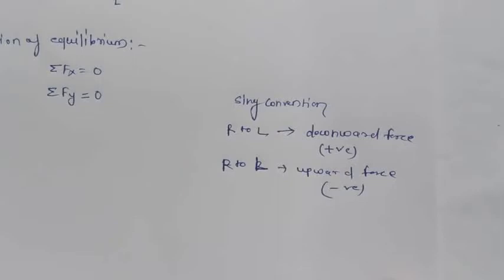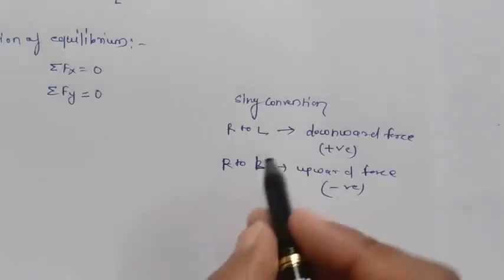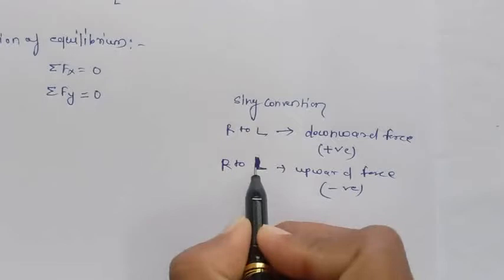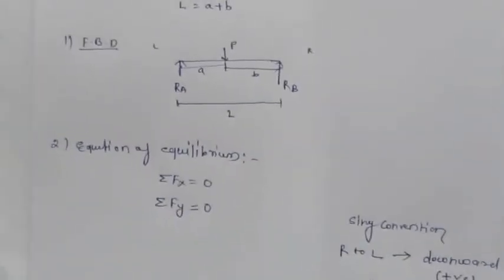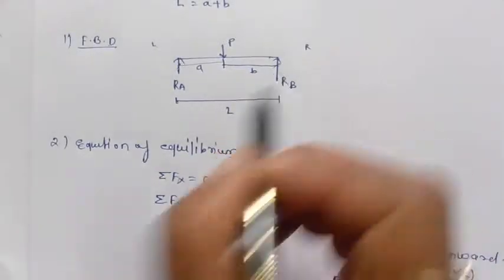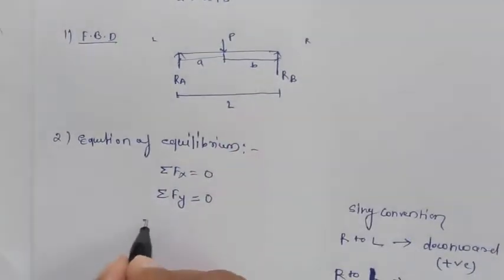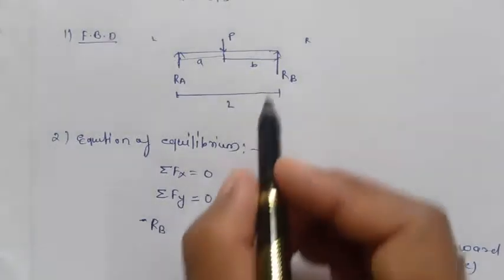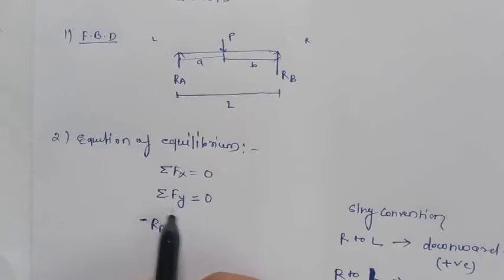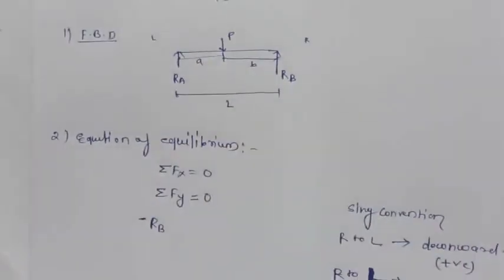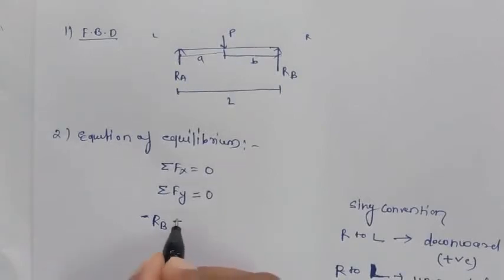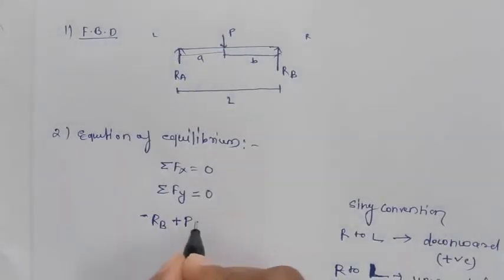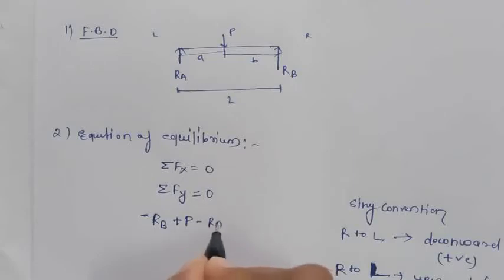So here you can see the upward force RB, which I take as negative RB. Summation of y means only the vertical forces we have to consider. So negative RB, P is a downward force so we take it positive, and negative RA, equal to 0.